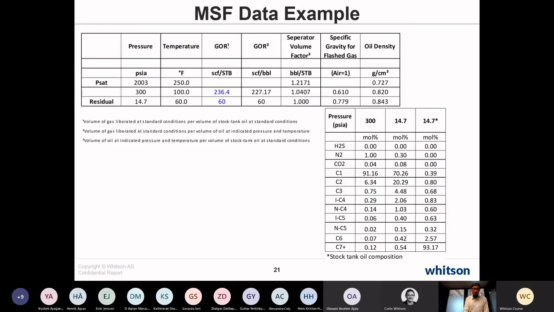So this is the GOR1. You see the units. It's standard cubic feet of separator gas divided by stock tank barrels of oil, and this is standard cubic feet of separator gas divided by the separator oil volume.